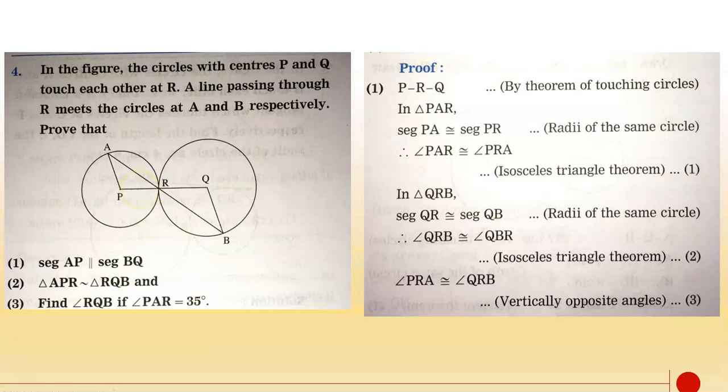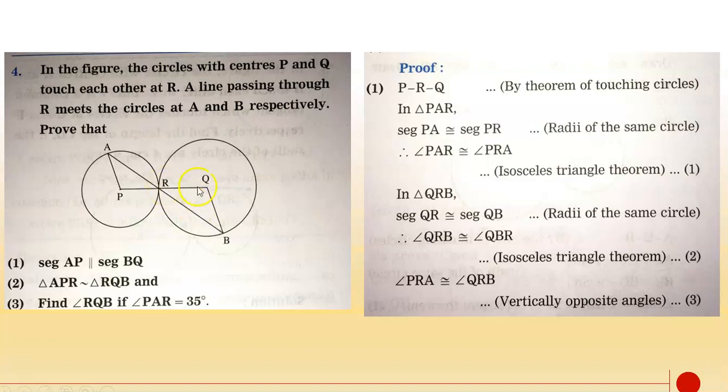So if these two segments are congruent, that means the angles formed by them, angle PRA and angle PAR, are congruent. So angle PAR is congruent to angle PRA. The reason: isosceles triangle theorem, because these two sides are equal. Therefore, the angles are congruent.